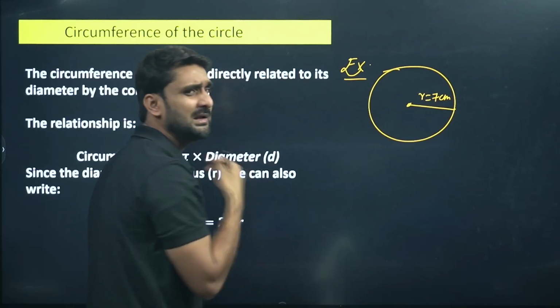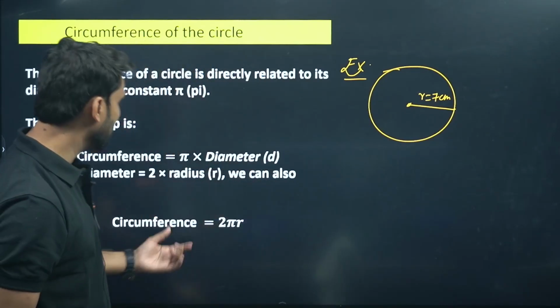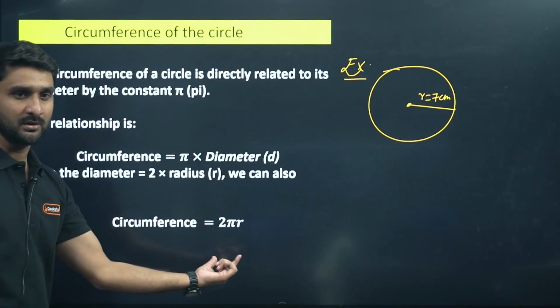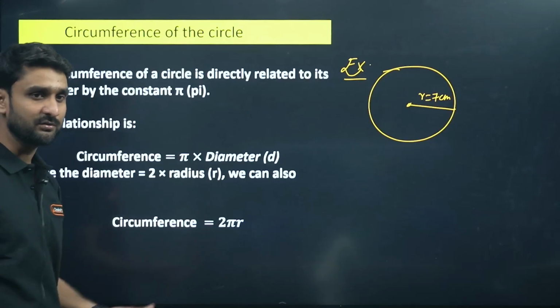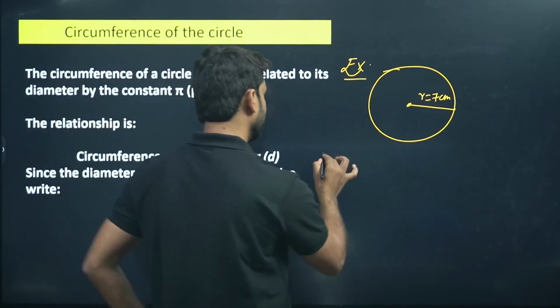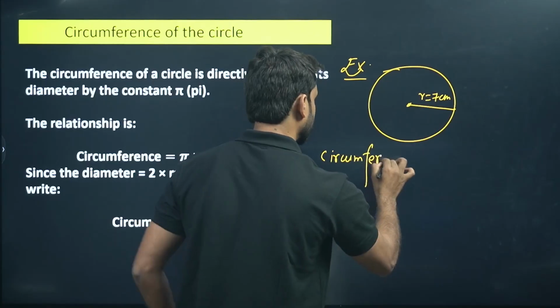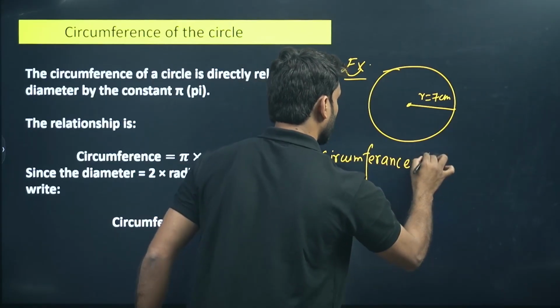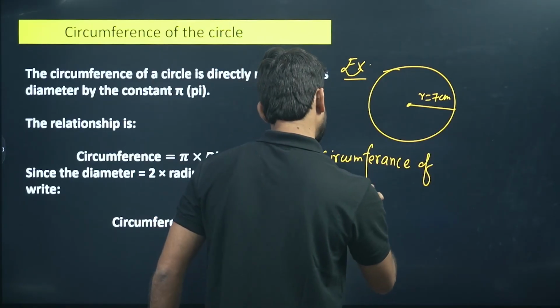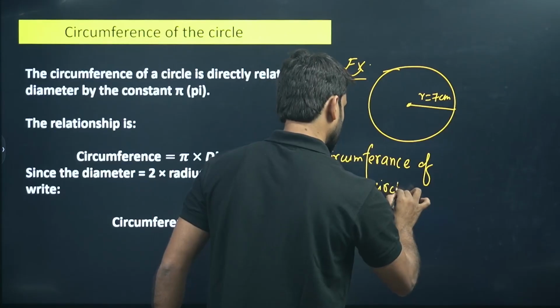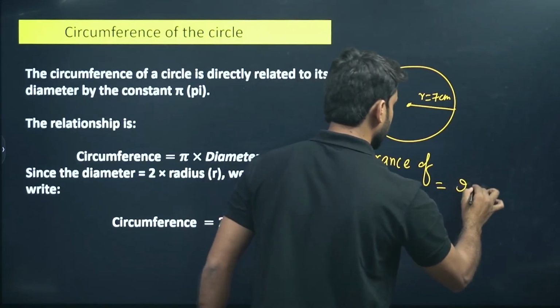So I am asking you, indirectly, the circumference of the circle, and we have the formula to calculate the length of the boundary of the circle. The circumference of the circle will be 2 pi r.